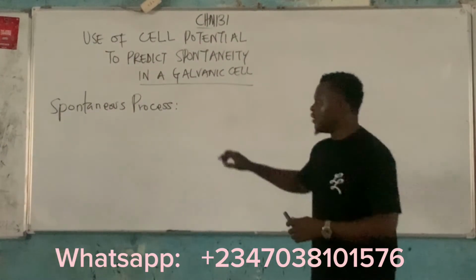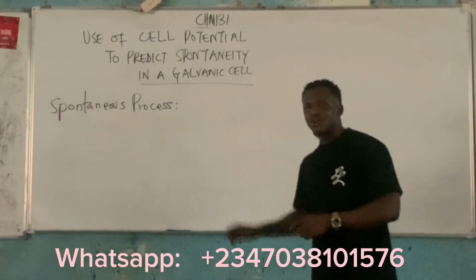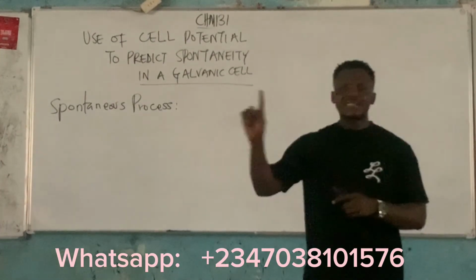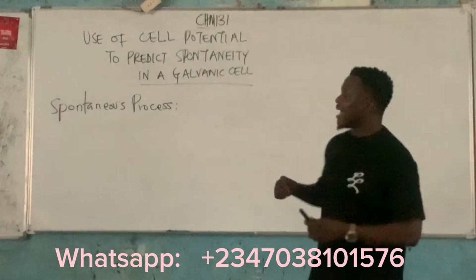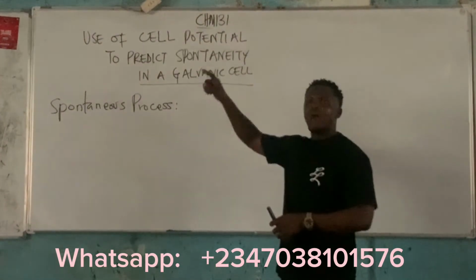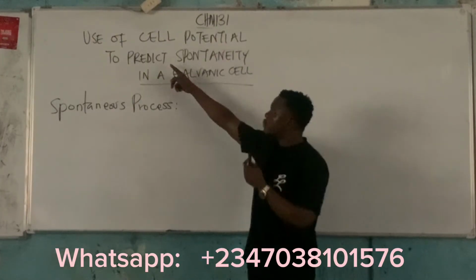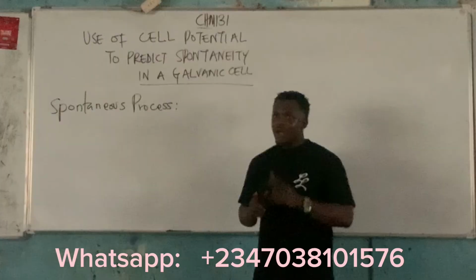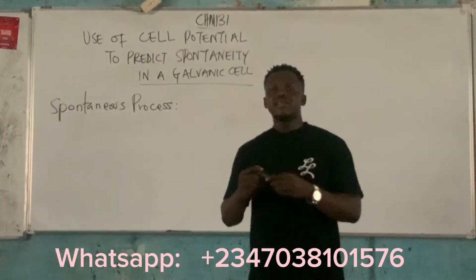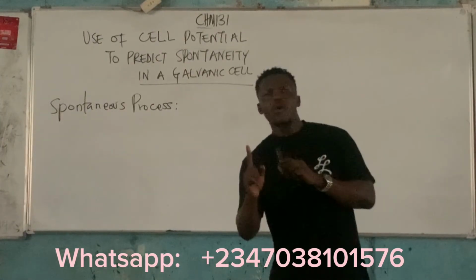So if the reaction inside a cell is not spontaneous, that cell is not galvanic. So that is why I want to see how we can use cell potential to predict spontaneity in a galvanic cell. And most of the time, the questions will be asked in this format.